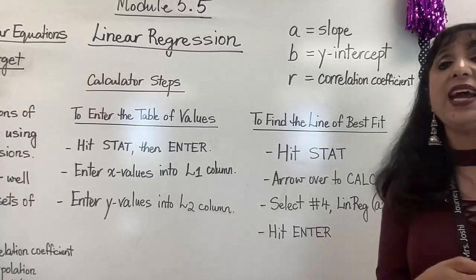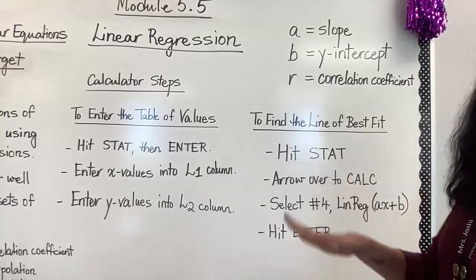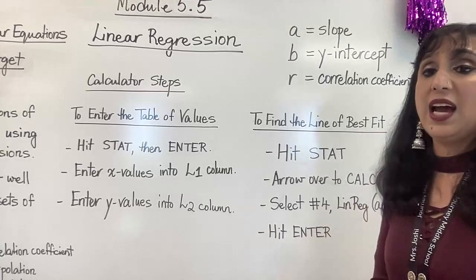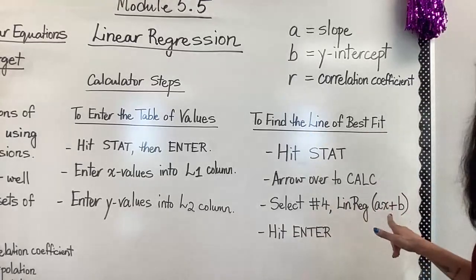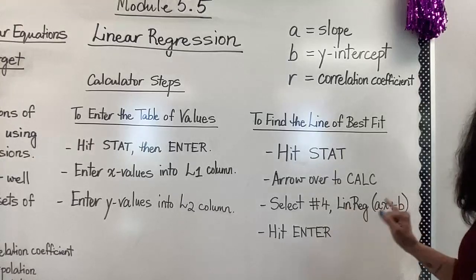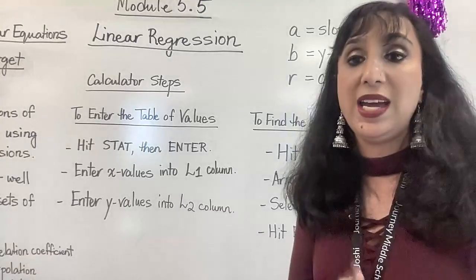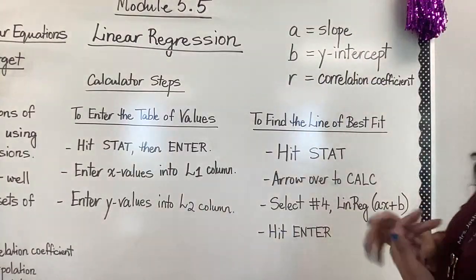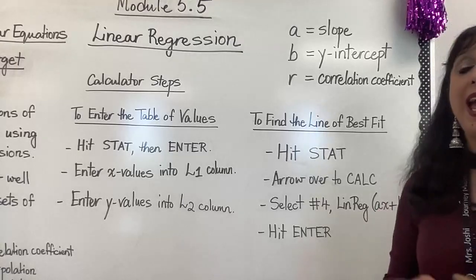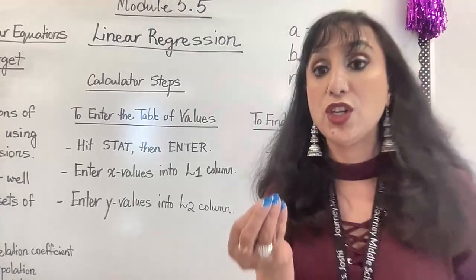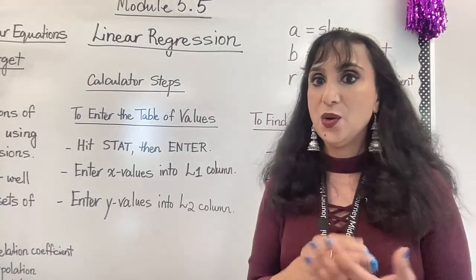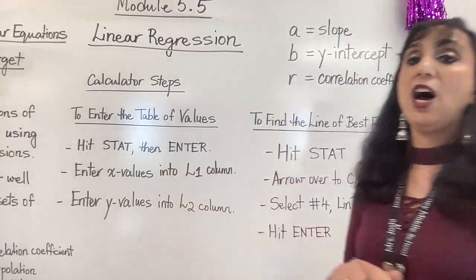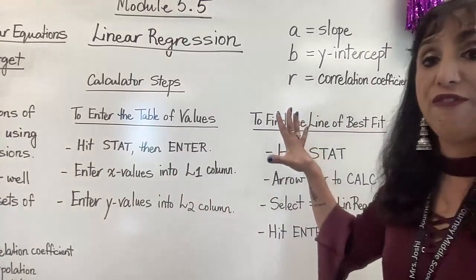It's pretty easy when you start practicing it. When it's saying AX plus B, your A is your slope. It's like saying Y equals MX plus B. So A is your slope, B will be your y-intercept, and it will give you that r we were talking about, which should be between 1 and -1. So it's going to give you that r, which is the correlation coefficient.